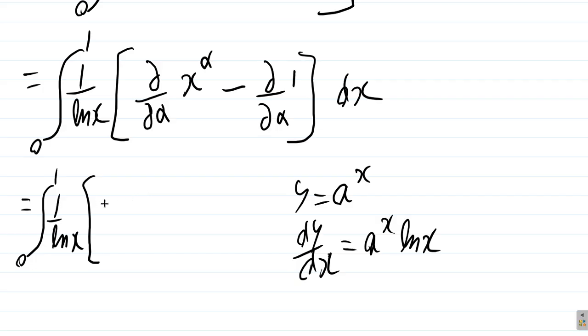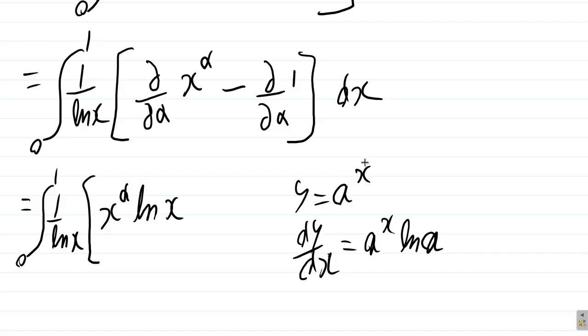But in this case, a would be like the x. So it's going to be x to the alpha ln x. A to the x, oh, a to the x ln a. My mistake. It's going to be a to the x ln a. So this would be x to the alpha ln x. Right.